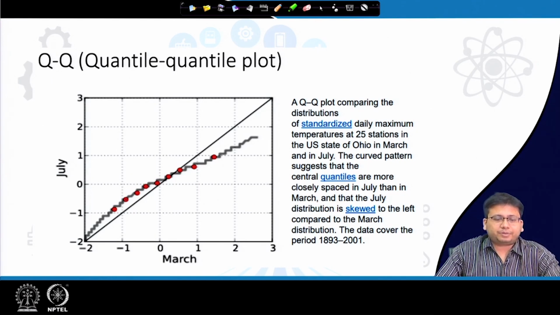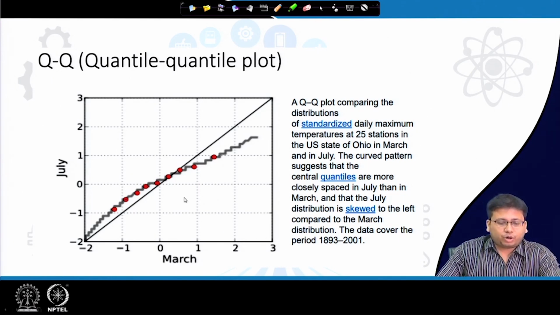And now this brings us to the concept of quantile plots. So here basically we are comparing the various quantiles of two different distributions. Here we are considering the distribution in March at a given location, and here we are considering the distribution in July at the same location.